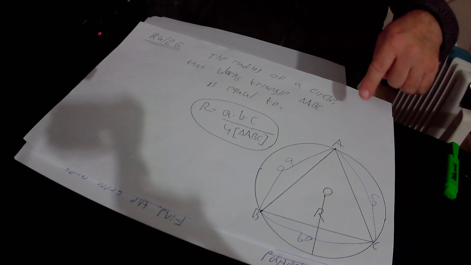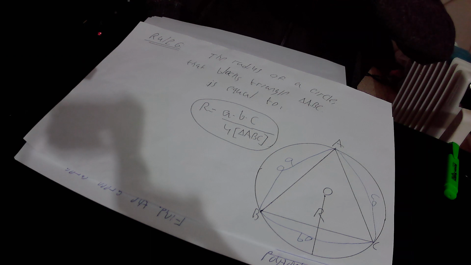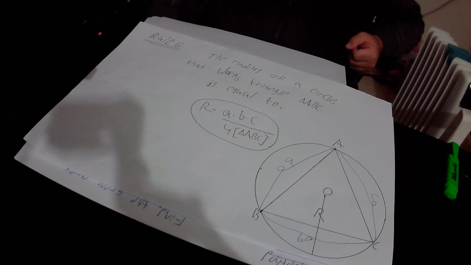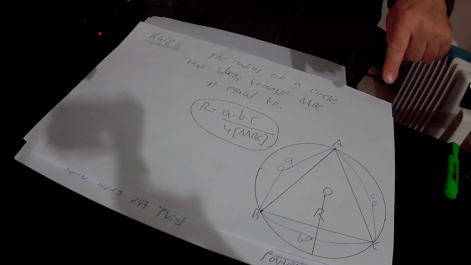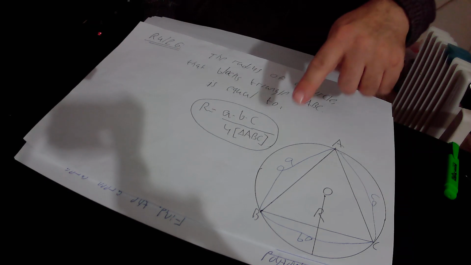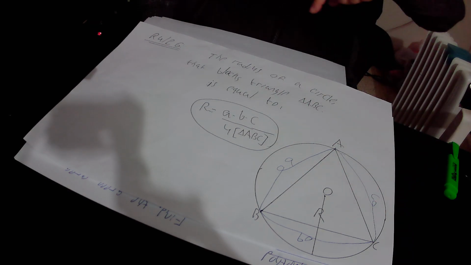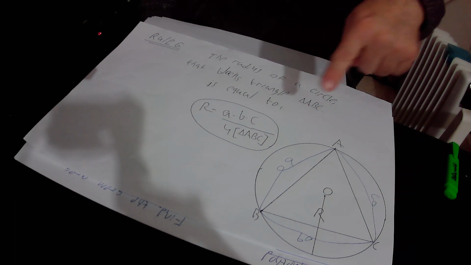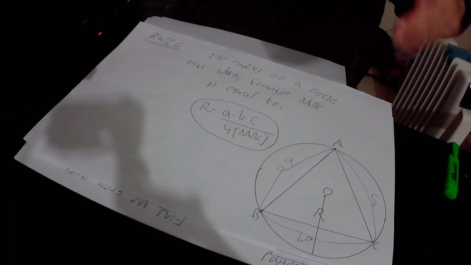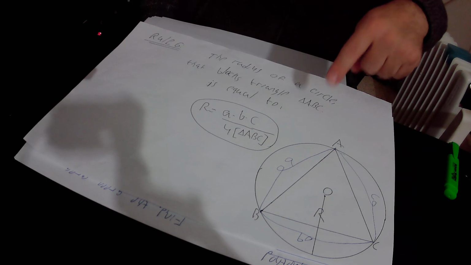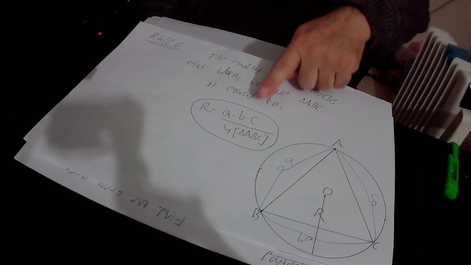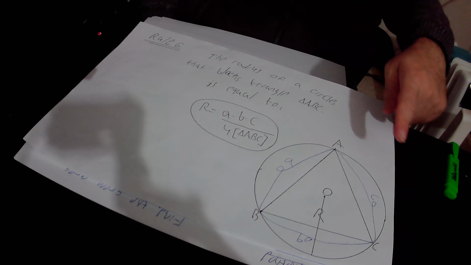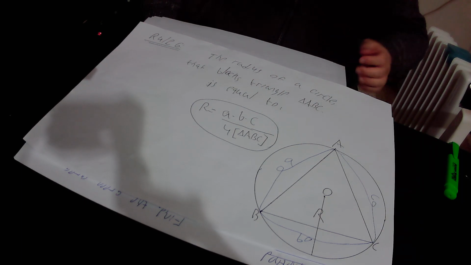And according to our definition, the radius of this circle equals R. So according to rule number 6, the radius R of a circle that blocks triangle ABC equals A times B times C, the multiplication of the side lengths of this triangle by each other, over 4 times the area of triangle ABC. Okay?